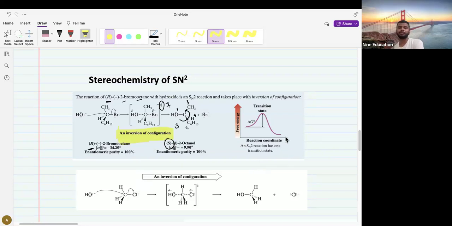Always remember SN2 reaction has only one transition state. है ना, ये आपको दिखाया. Always remember in stereochemistry of SN2 reaction we have to do inversion.